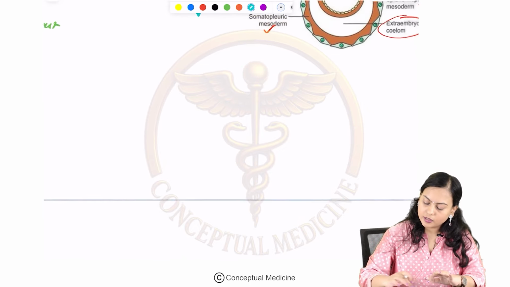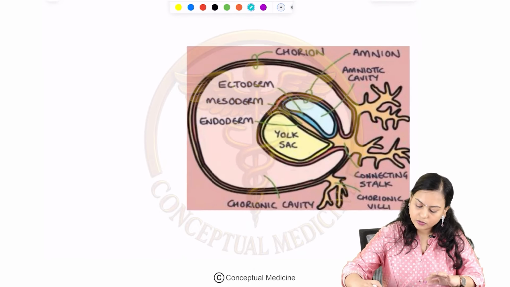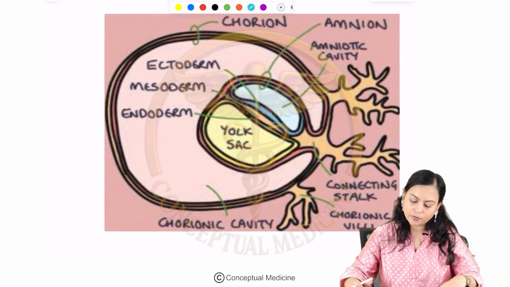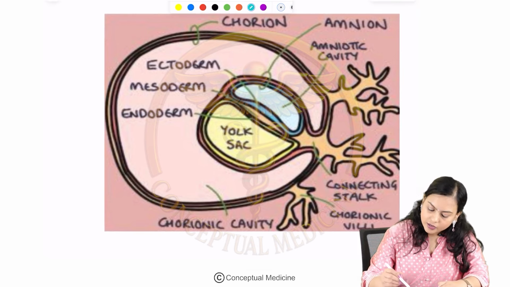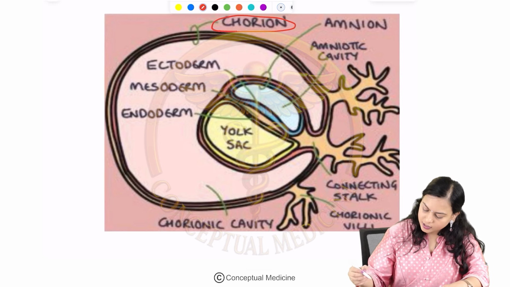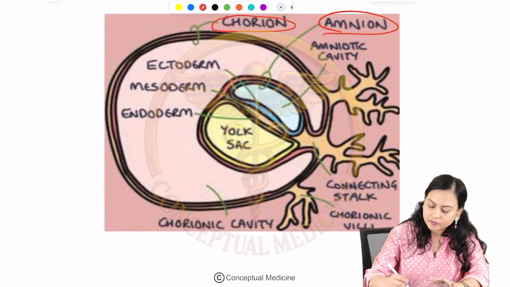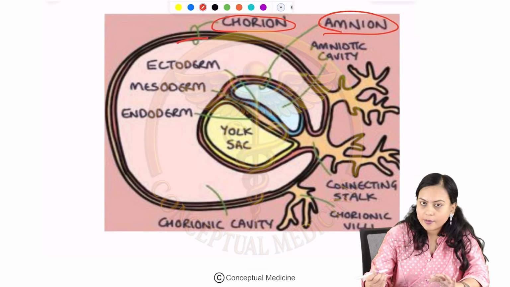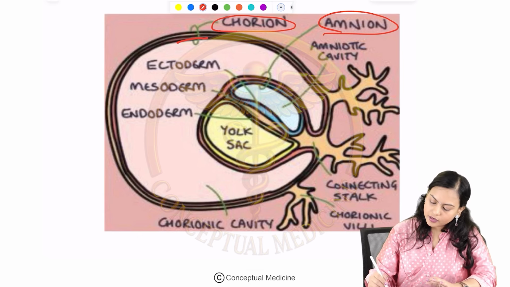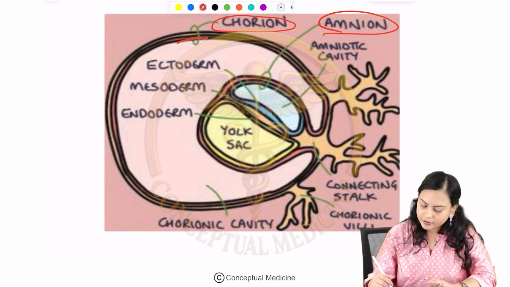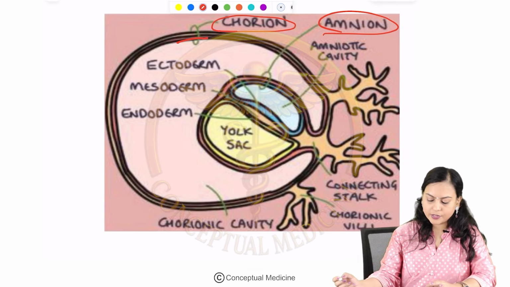Okay, so these are the membranes formed. Okay, so just see this picture for a better understanding. So we have the chorion and the amnion, right? So chorion is formed by the parietal extraembryonic mesoderm and the trophoblast, and the amnion is formed by the amniogenic layer and the visceral extraembryonic mesoderm.